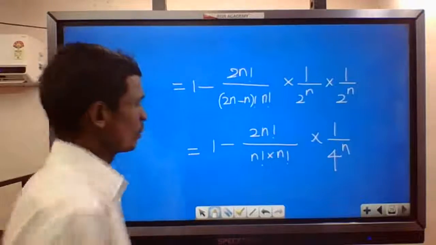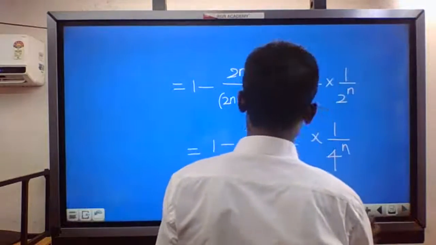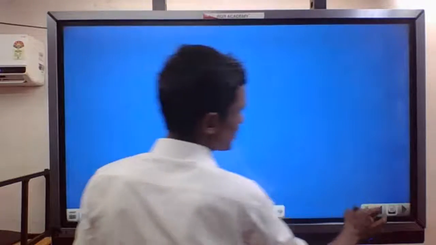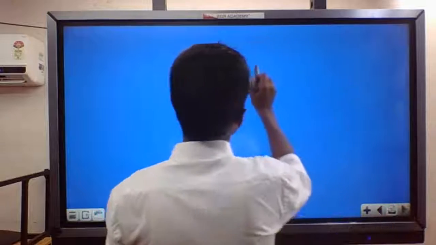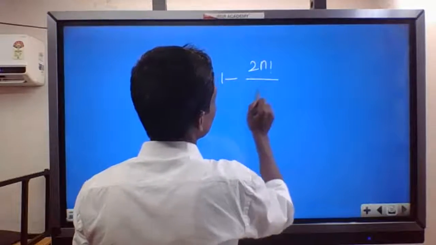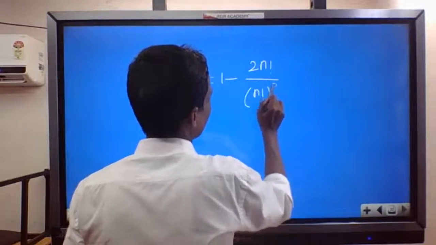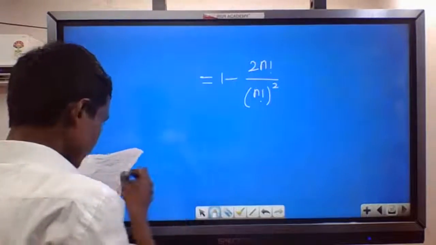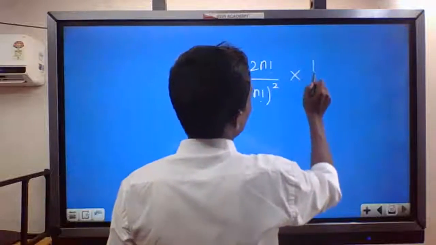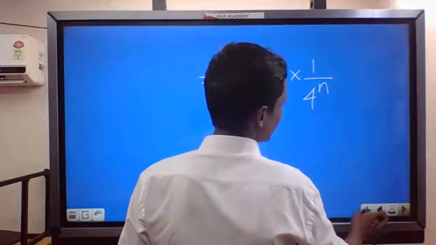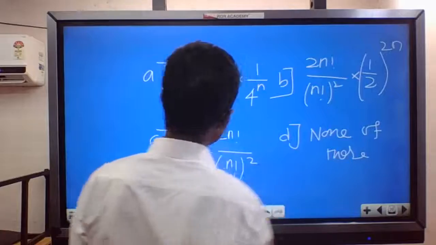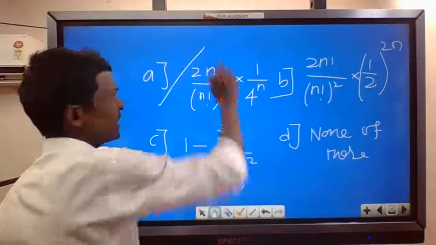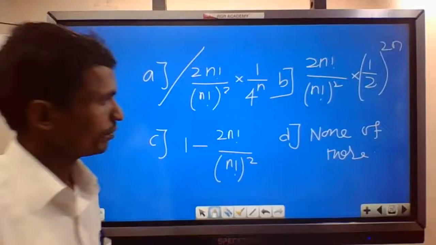Then 1 minus 2n factorial divided by n factorial whole square into 1 by 4 power n. What is the option in this problem? So the first answer is correct in this problem.